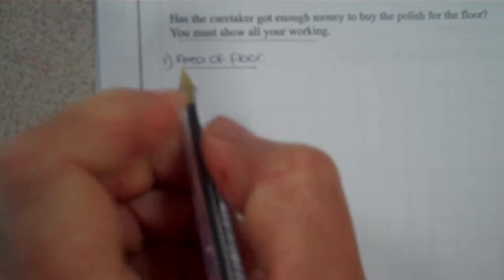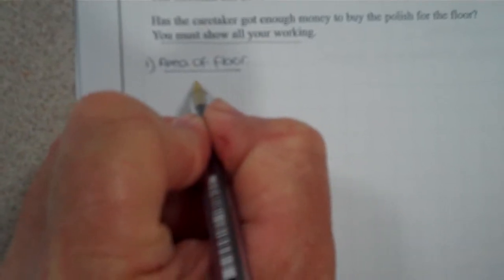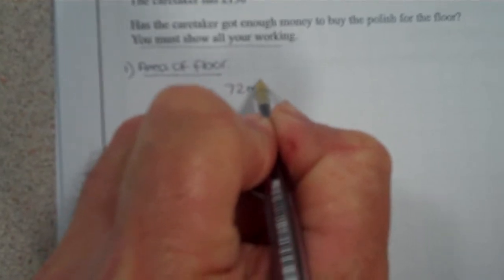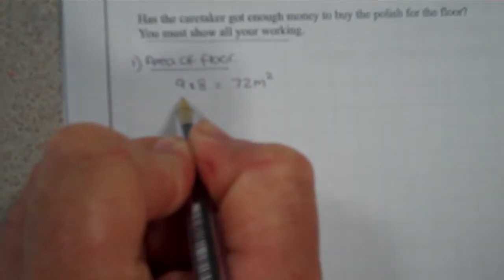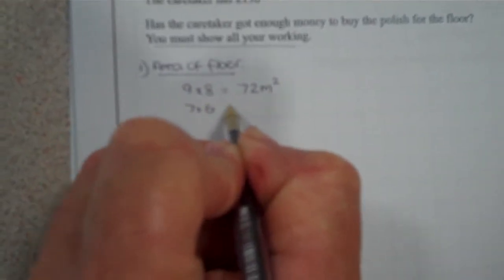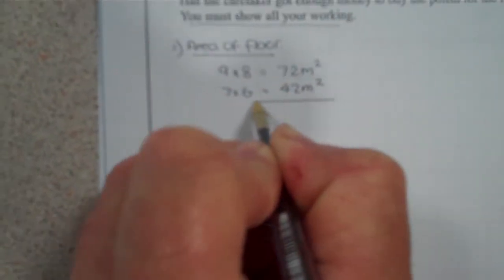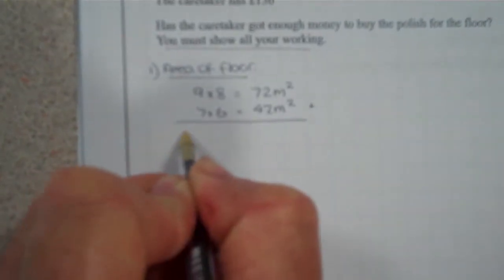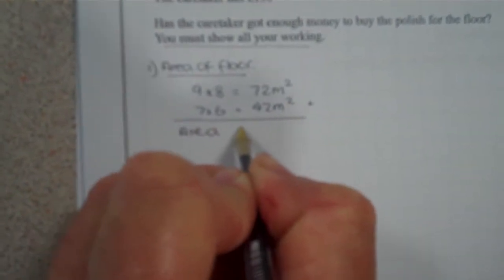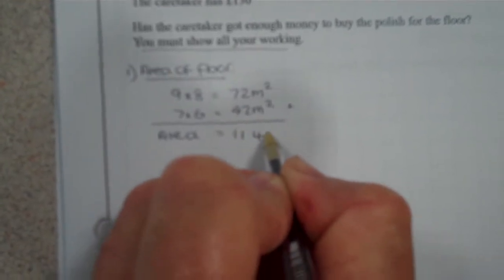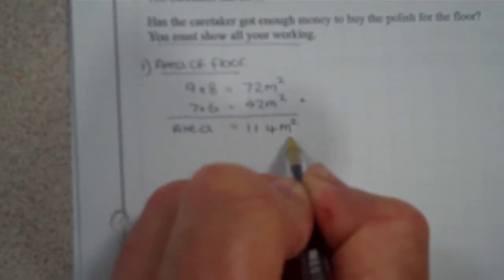Area of the floor, I'm going to calculate, so I'm going to do 9 times 8 equals 72 metres squared. And 7 times 6 equals 42 metres squared. And if I add those two together, I've got area equals 2 and 2 is 4, 7 and 4 is 11. So I've got 114 metres squared. So that's the area of the floor.